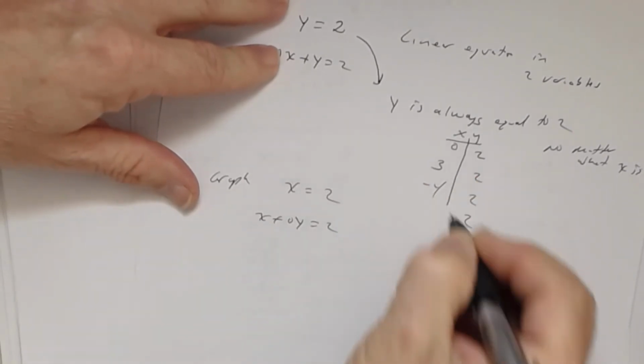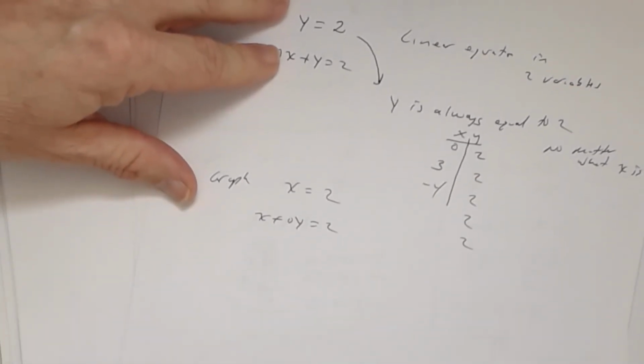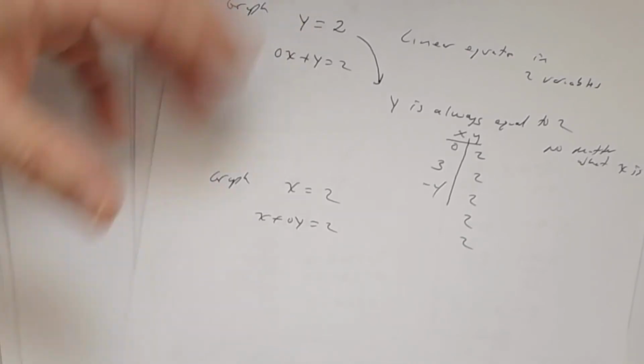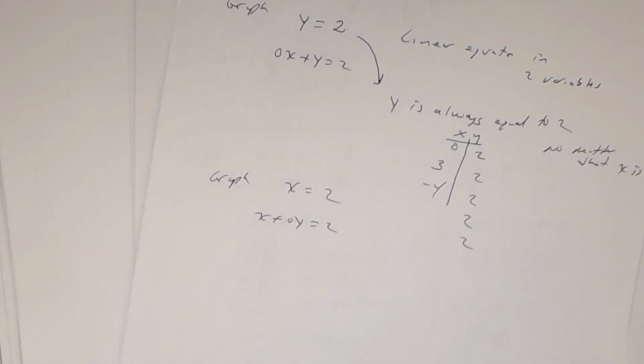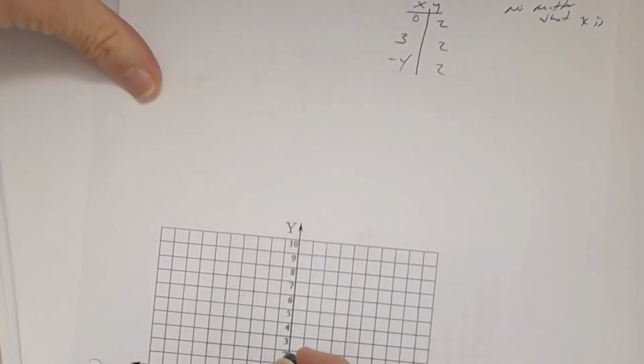If x is negative 4, what's y? 2. And so on. So if I plot those 3 points, where do they lie? What kind of line is that? Horizontal. So 0, 2; 3, 2; negative 4, 2. See this horizontal line?